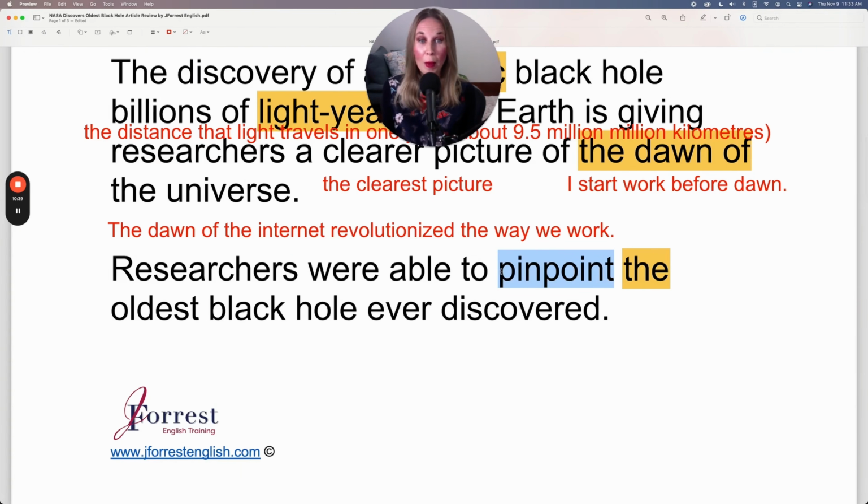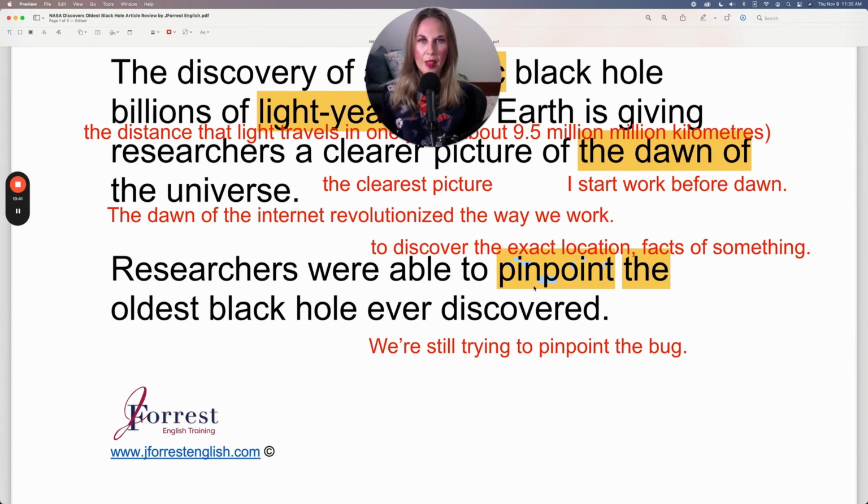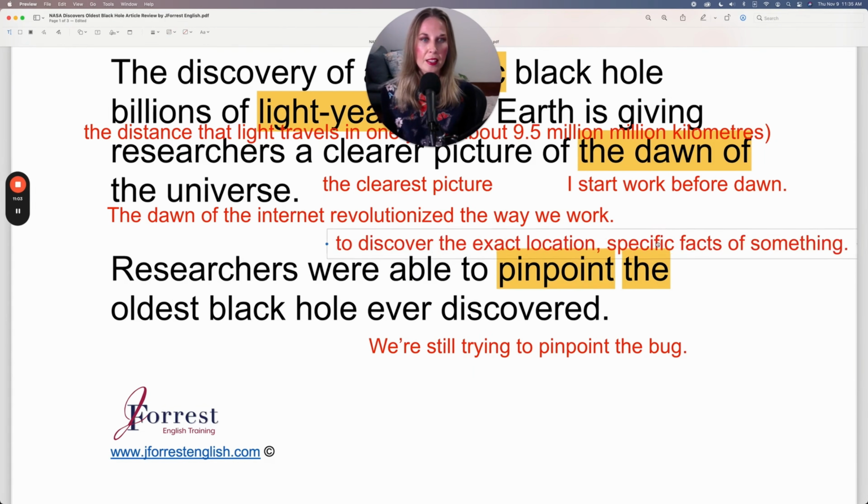Let's talk about pinpoint. This is a great verb to have in your vocabulary. When you pinpoint something, you discover the exact location, but we also use this for facts. So you understand, you discover the specific facts of something. So exact location, or I'll say specific facts of something.